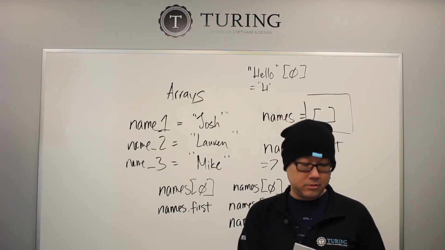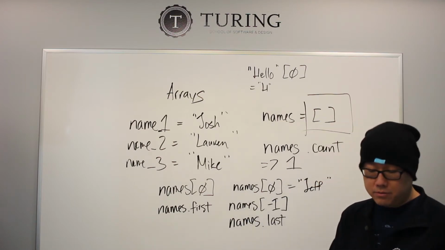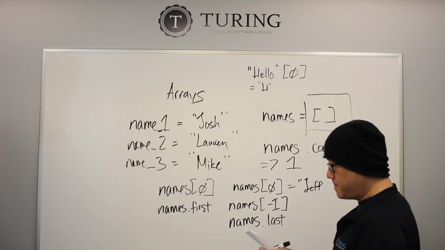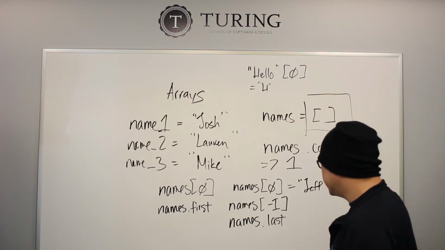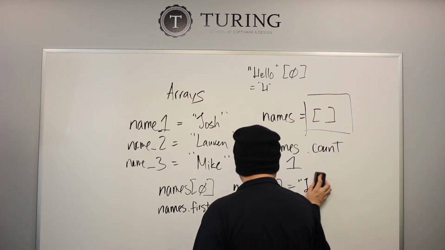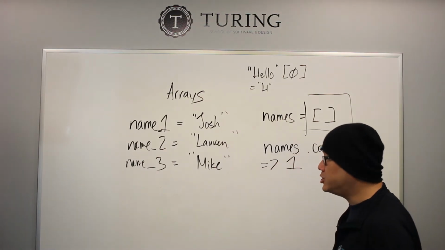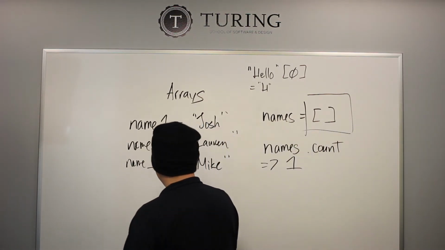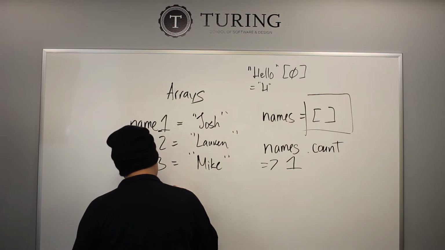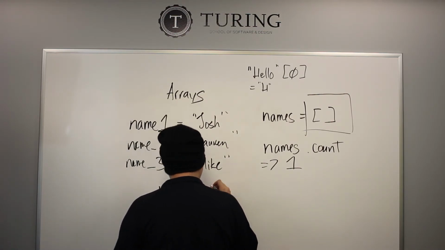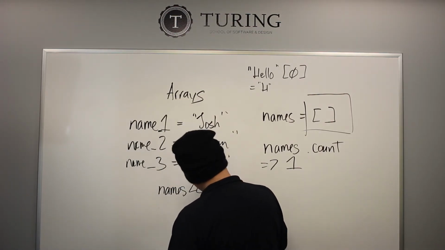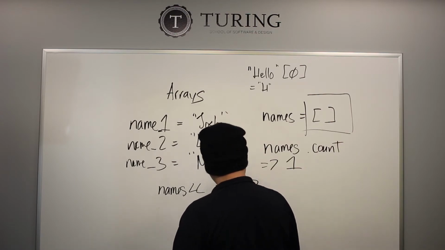Cool. So other things we can do? What we can do is we can add more things. So let's take this out here. Right now, our names array only has Jeff in there. So what we can do is a names shovel operator name_2.